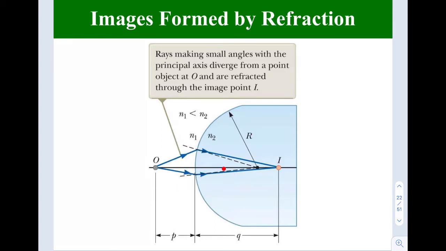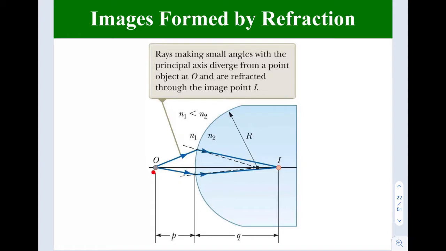Consider two transparent media having indices of refraction of N1 and N2, where the boundary between the two media is a spherical surface of radius R, as in this figure.